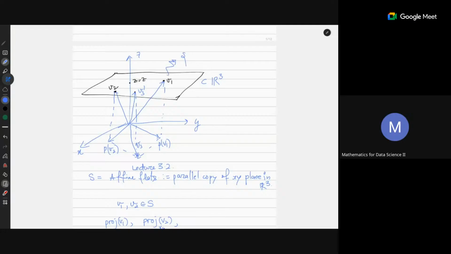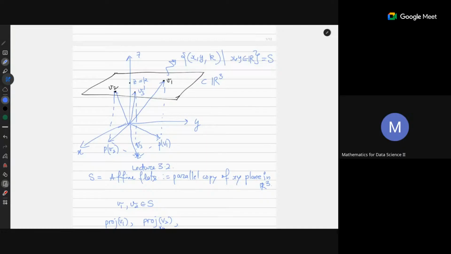XY can be anything, but Z is a fixed number. Z1 is a constant, right? So instead of that, we write Z is equal to some K. K is a constant or a scalar, and XY varies, right? All right. So this is your subset S. This is your affine flat S.